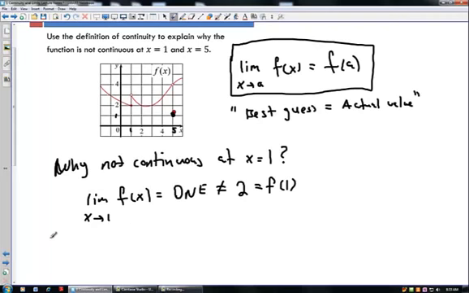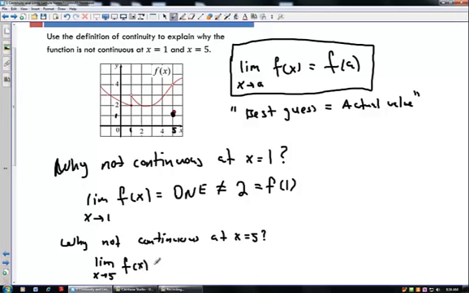How about at 5? Why is it not continuous at x equal 5? Again, you can look at the definition. You want to look at the limit as x goes to 5 of f of x.